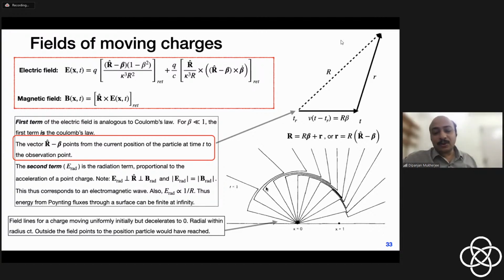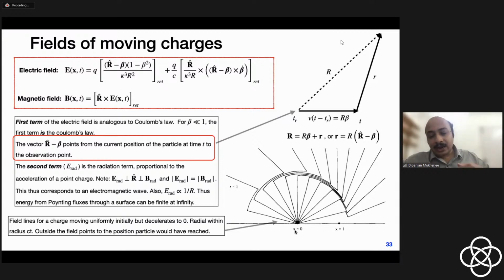So this is what the electromagnetic radiation would do, because at any point over here, before the information about the charge has come, the field will keep pointing to the instantaneous location at x equals 1, which is the retarded location. The fact that the charge has stopped has not really reached, say, this point here.